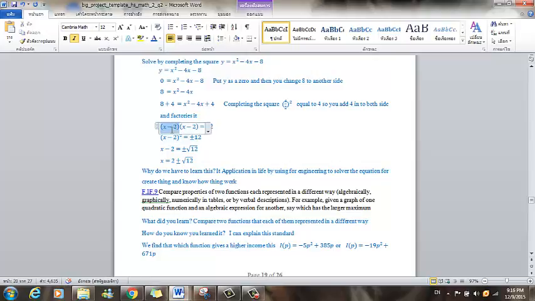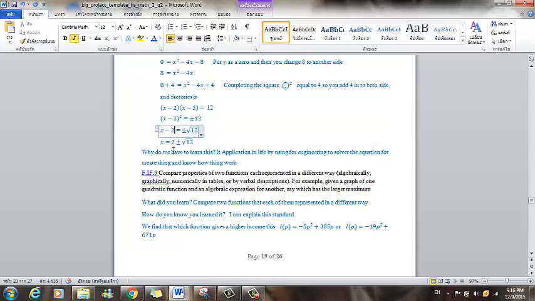Because this and this are the same, it's squared. To get rid of this, you put a root on both sides, and the root cancels the square, so you have a root on this side. Now you change minus 2 to the other side, it's going to be 2 plus or minus root 12, and you got the answers.